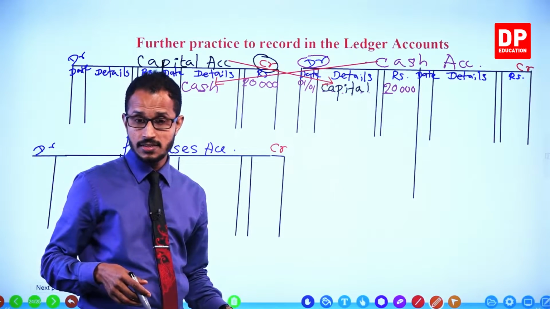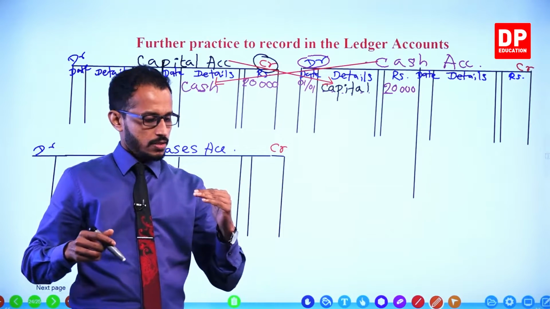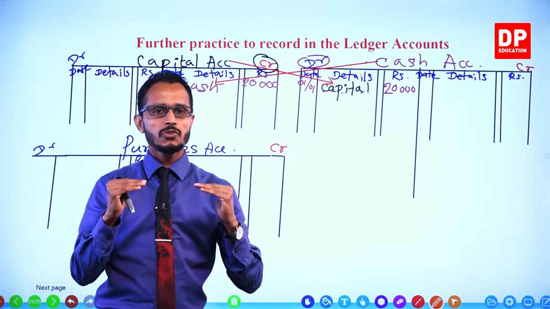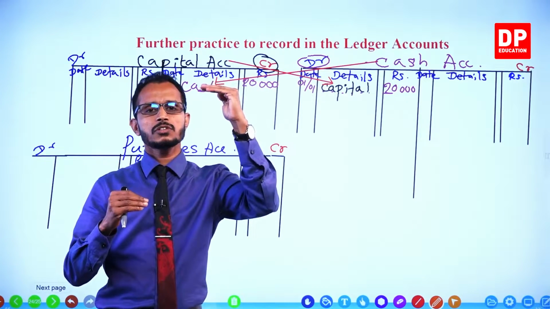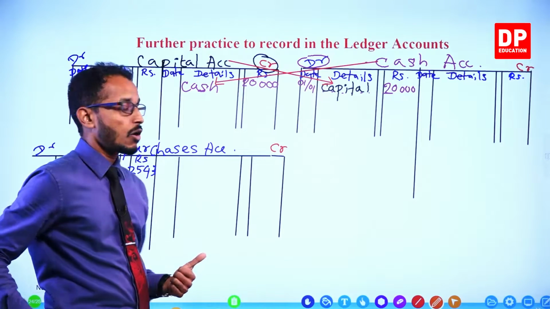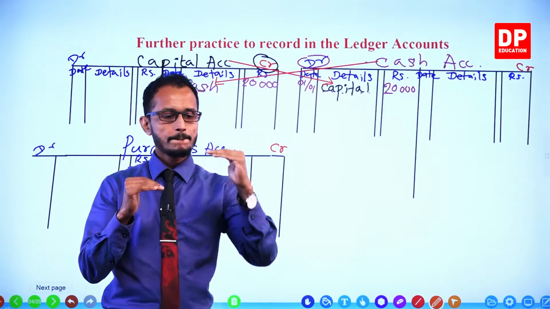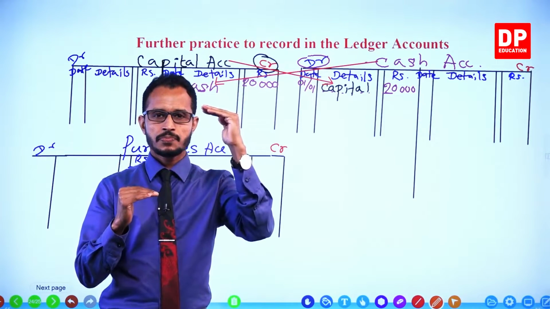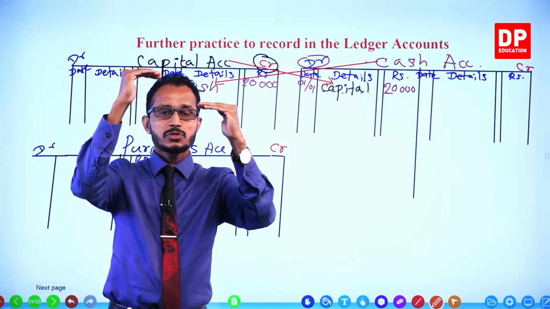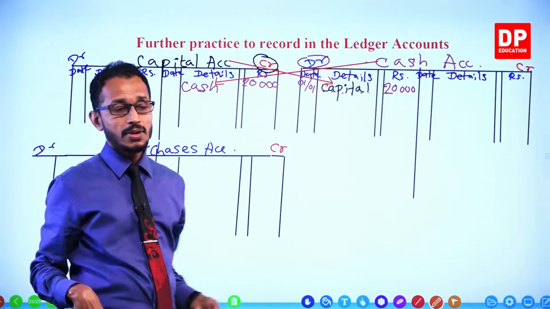In that case, children, a liability which was not in the business before increased because of this transaction. 2,543 of a liability increased. At the same time, the goods increased. Liability also increased, 2,543.